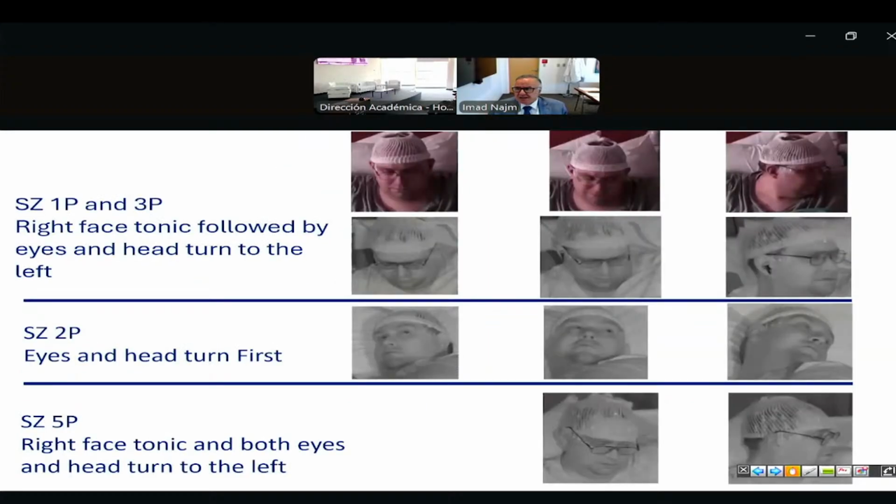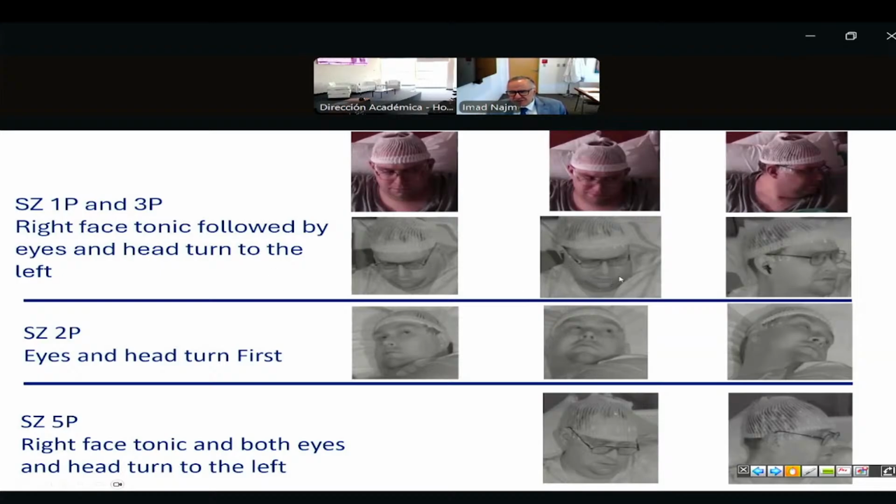So here I'm showing you some still images taken from various stages of seizures that we captured. These are a summary of 4 seizures that we recorded in this patient. You can see in the first and the third seizure, in the beginning, a right face tonic, just a small thing.